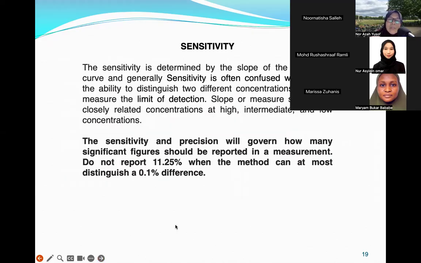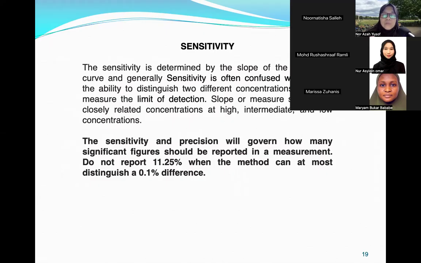Just now selectivity, linearity, now sensitivity. Sensitivity is determined by the slope of the calibration, and generally sensitivity is often confused with the ability to distinguish between two different concentrations. Sensitivity is usually reported in the form of limit of quantification and limit of detection.